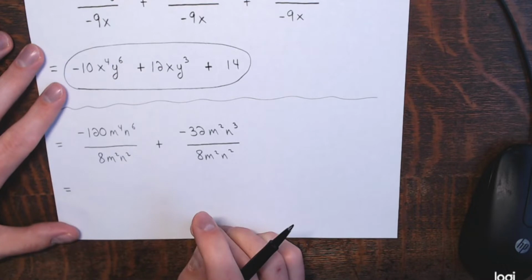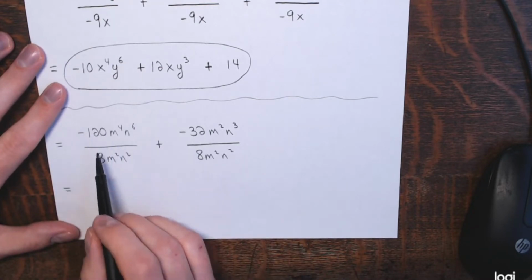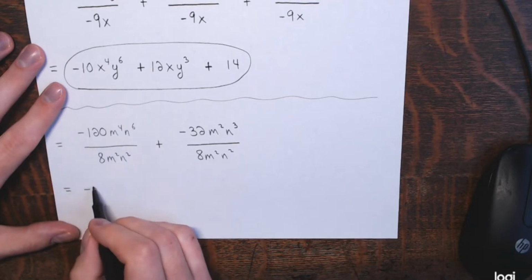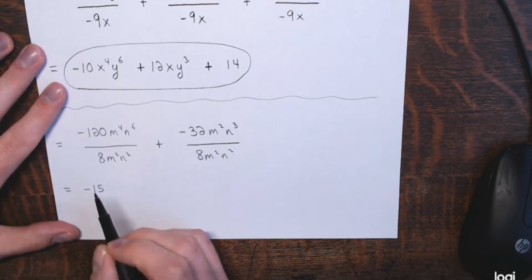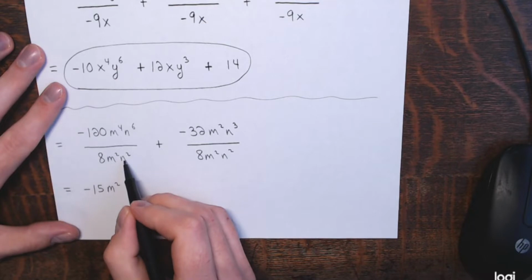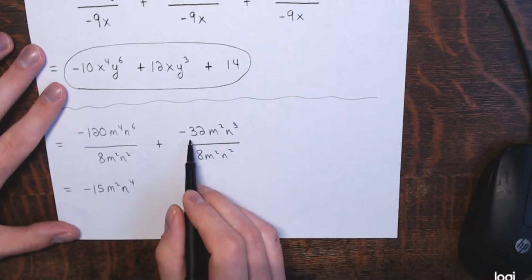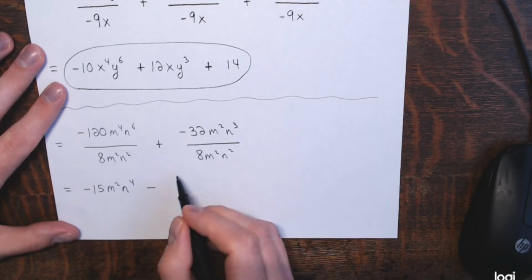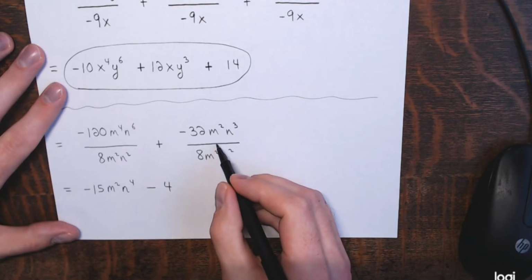Okay, so first term here, first fraction, simplified, negative 120 divided by 8 is negative 15. 8 times 15 is 120. M to the fourth over m squared becomes m squared. N to the sixth over n squared becomes n to the fourth. So negative 15 m squared n to the fourth for the first term. Plus, and then a negative divided by a positive is negative, so I'll make this minus, and 32 divided by 8 is 4. So negative 4 for the coefficient, and then the m squareds will become m to the 0, or just 1.